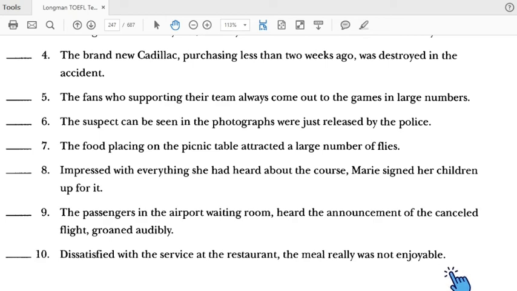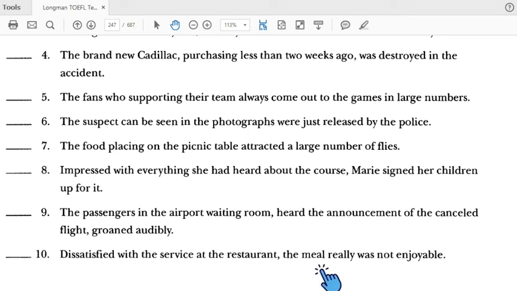The grammar structure is totally right because it reduces one subject and a verb. This one reduces "which was dissatisfied". We reduce "which" and "was", but the meal? We can't say the meal dissatisfied.